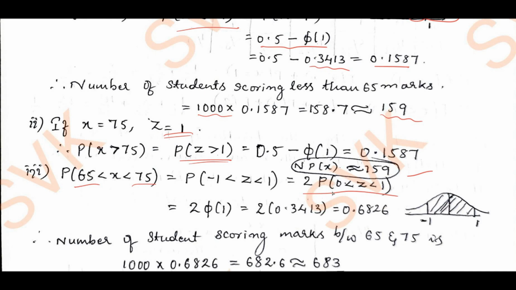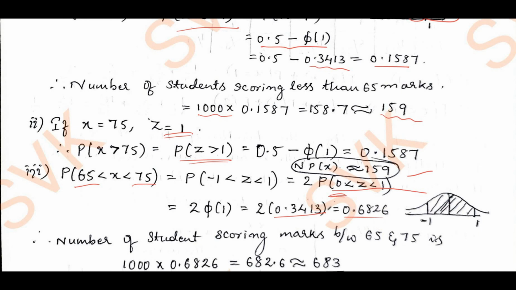Always you should find the probability starting from 0. While finding the phi value, we need to get the probability from 0 to k. So that becomes 2 times phi of 1. Phi of 1 value is known, so 2 times that value will be 0.6826, which is the required answer.